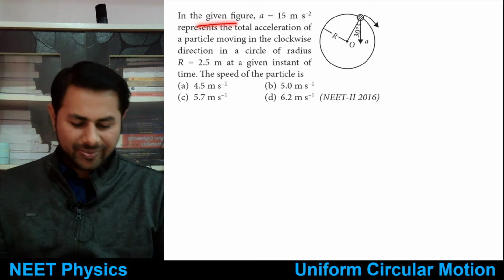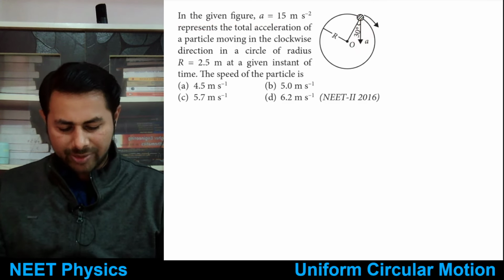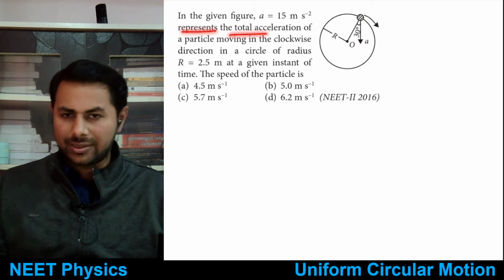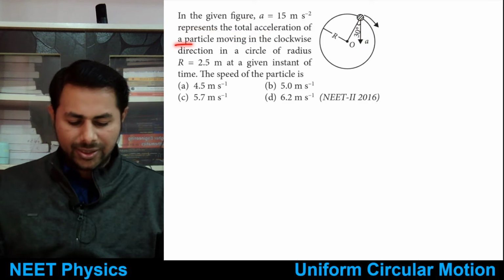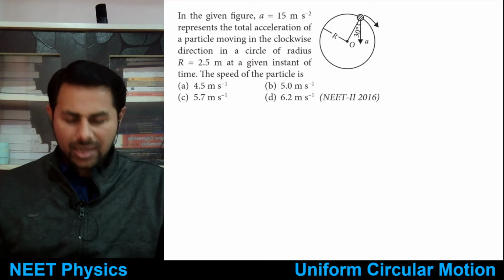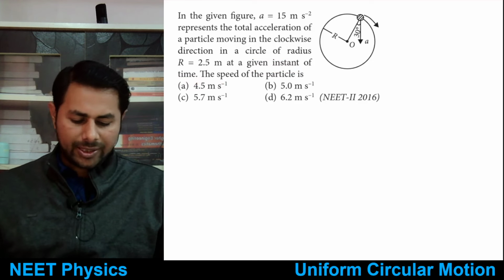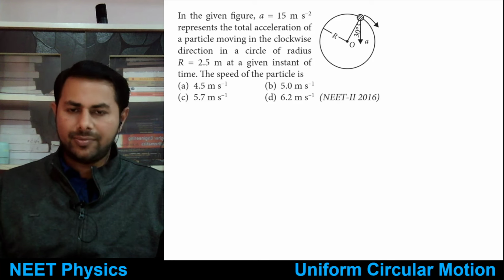In the given figure, a equals 15 meters per second square. So this a is equal to 15 meters per second square, represents the total acceleration of a particle moving in clockwise direction in a circle of radius r equals 2.5 meter at a given instant of time. The speed of the particle is, tell me.